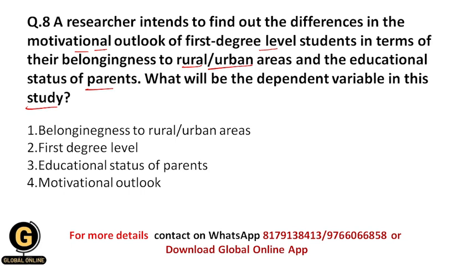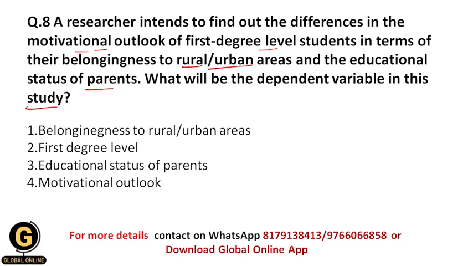So basically a researcher wants to study the motivational outlook of first degree level students, and that's why motivational outlook should be the dependent variable, because the variable under study, the effect variable over here, is motivational outlook, and the independent variables are belongingness to rural or urban areas and educational status of their parents.